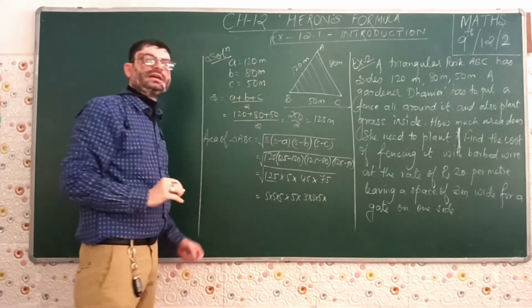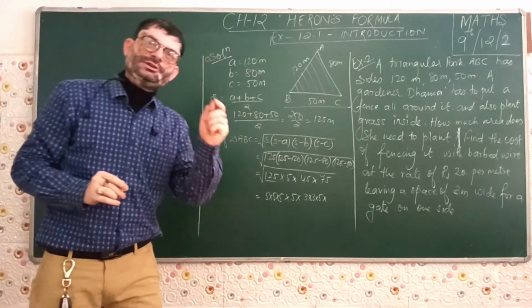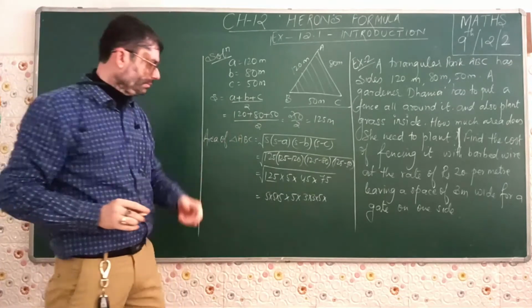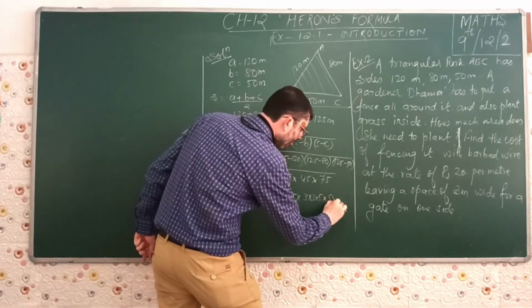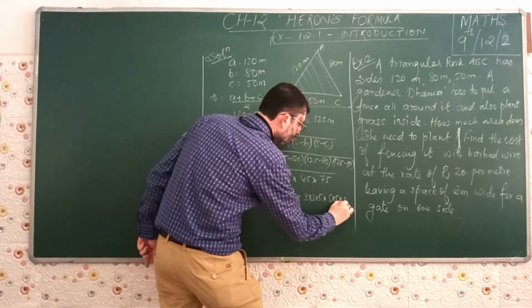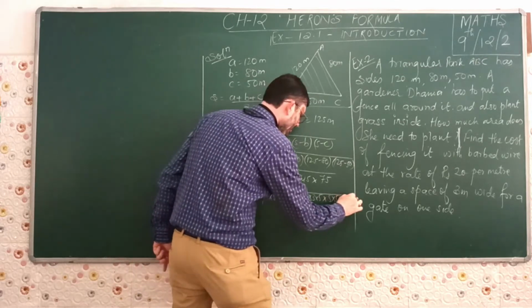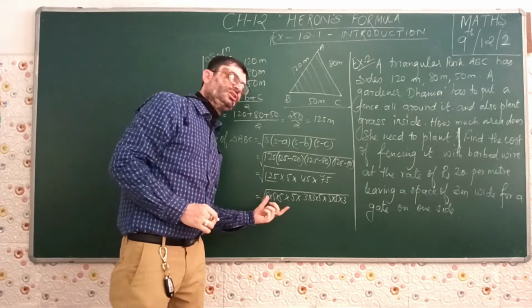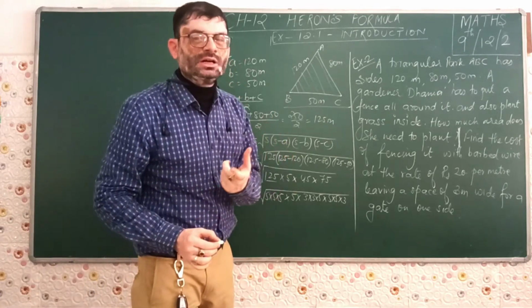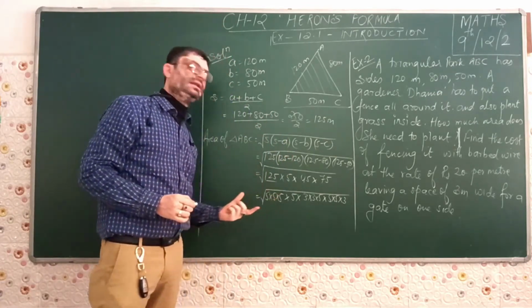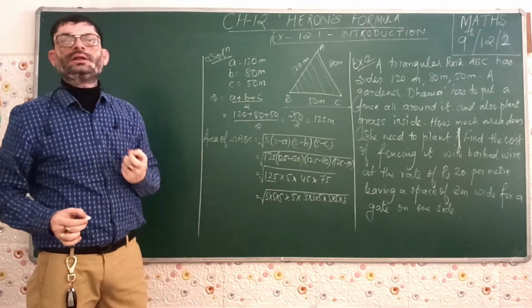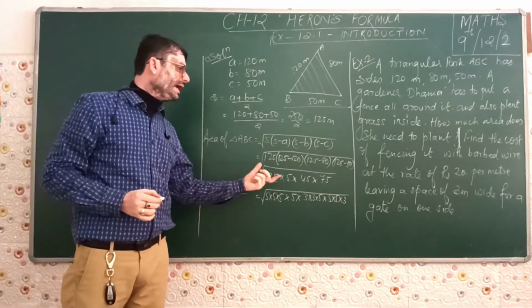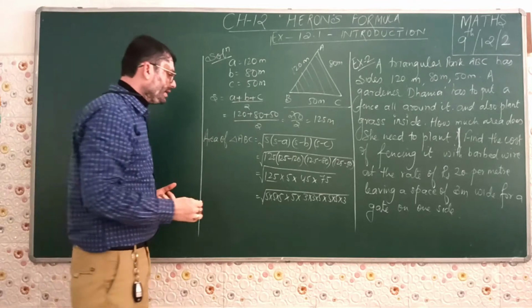And 75 can be expressed as 5 into 5 into 3. You can find the square root any way you want. I am moving on as per your class 8, where you have learned to find the factors and then make pairs, and then you can find the square root. You can directly do it if you can.